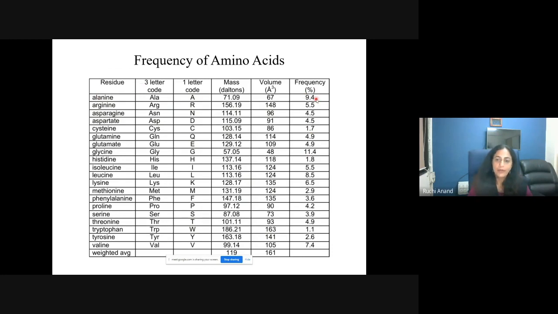But some of the amino acids have very low frequency. For example, tryptophan is only 1.1%. Why is that the case? Because amino acids such as tryptophan are very hard to make. They are very expensive. Two rings have to be put together, so a lot of biosynthesis is required for it. But there are other amino acids, for example cysteine and histidine, at 1.7 and 1.8.